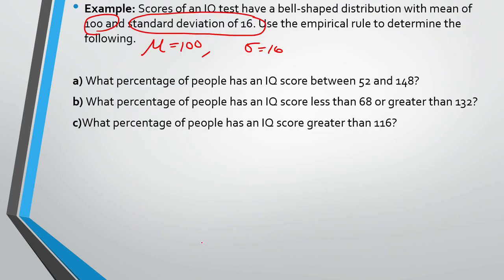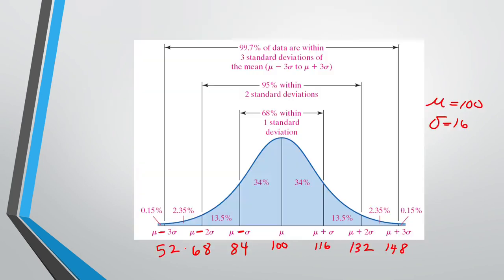Part A, what percentage of people has an IQ score between 52 and 148? So we'll go back to our picture and see. We have 52 down here and 148 here. So I know we're within 3 standard deviations, and the nice thing is I don't have to add up all of these percentages to calculate the percentage.